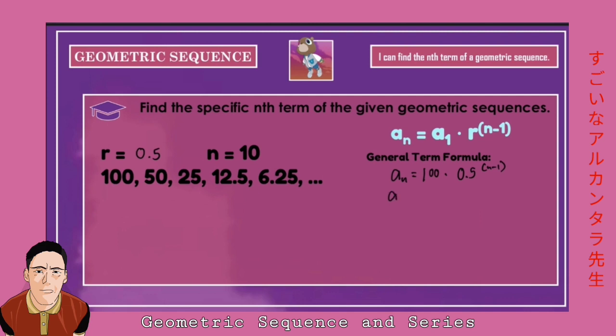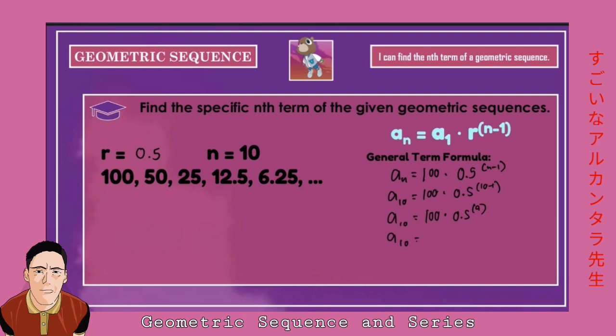We're trying to find the 10th term, so a sub 10 is equal to 100 times 0.5 raised to 10 minus 1. a sub 10 is equal to 100 times 0.5 raised to 9.